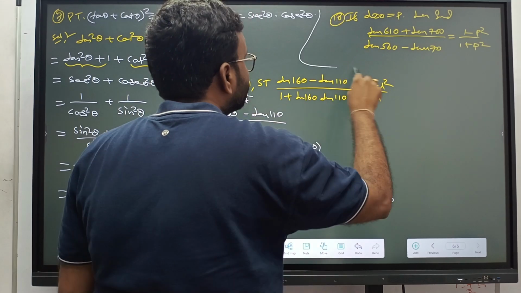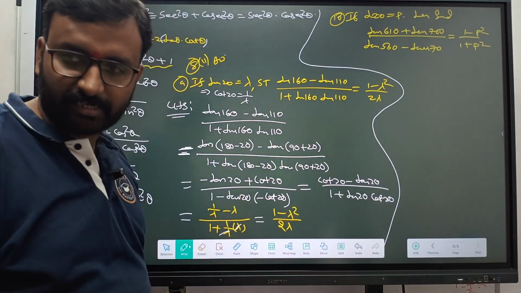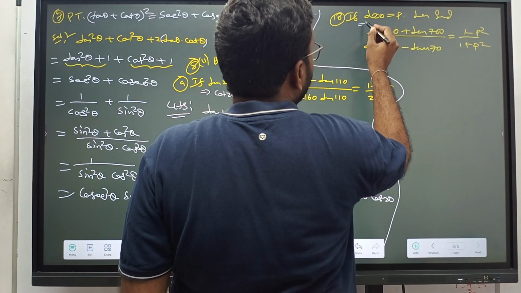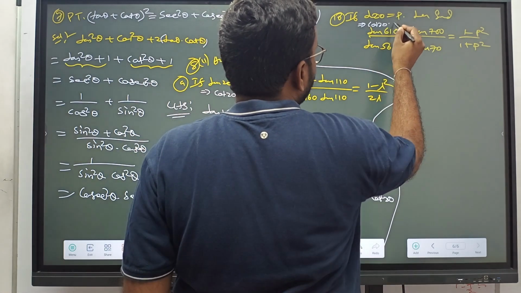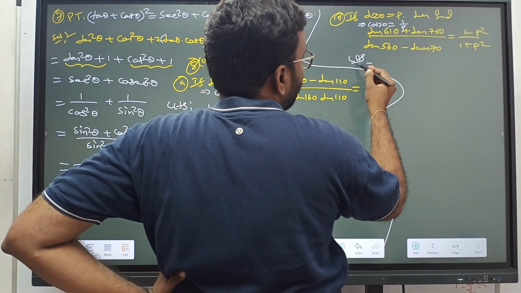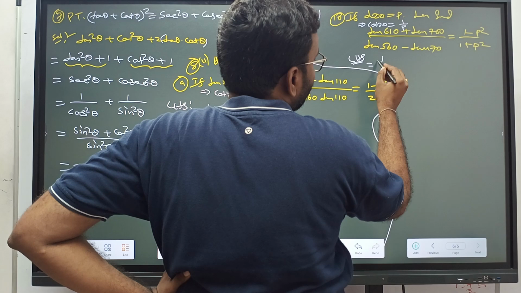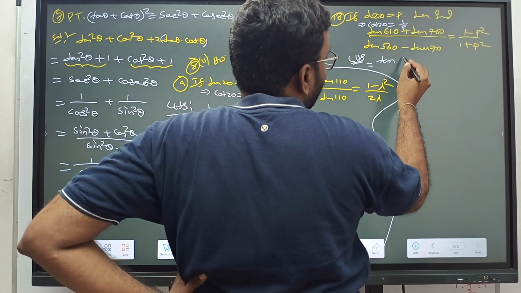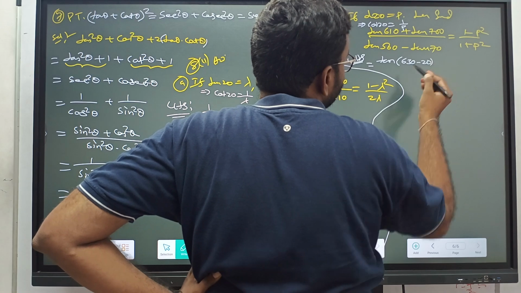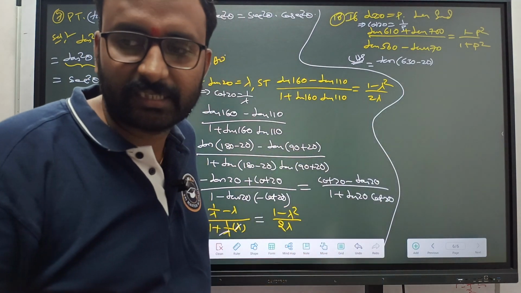Similar question, students. You have to convert in terms of 20. Tan 20 is p, so what is cot 20? 1 by p. Very good. Now I am writing the LHS directly. Tan 16 we need in terms of 20: tan of 630 minus 20. Can we write? 630 is odd axis.